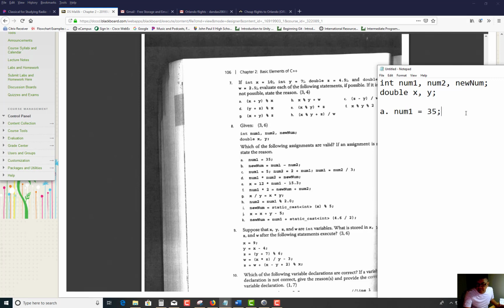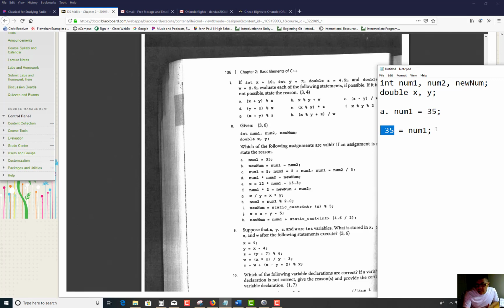This is a valid statement. What's not valid is this. I cannot do 35 equal num1. In algebra, this is okay, but in computer science, you're telling num1, store that into a number. That's not happening. It's going to have an error.